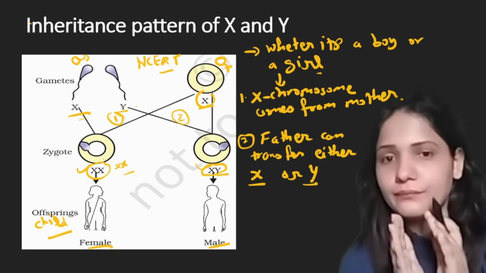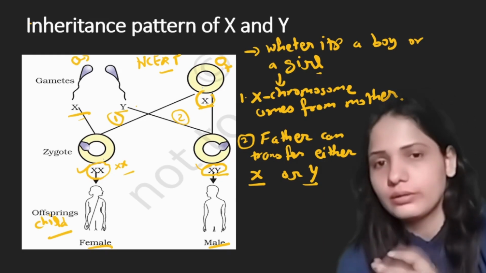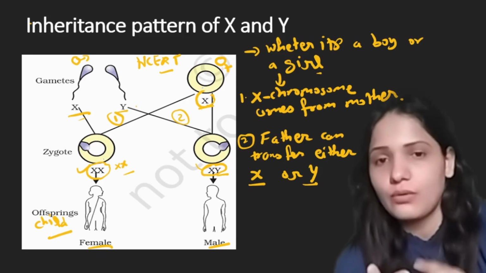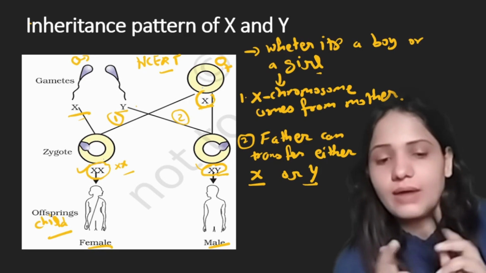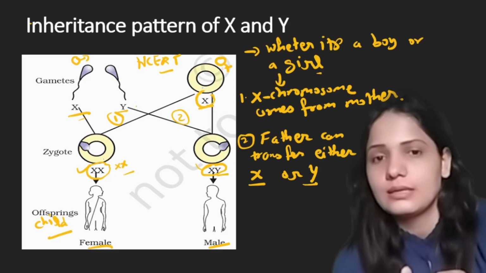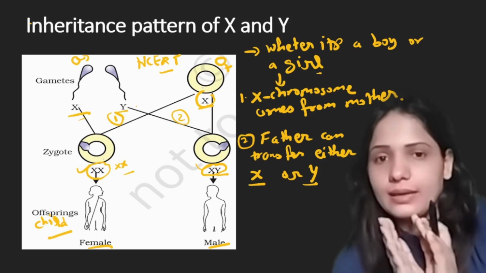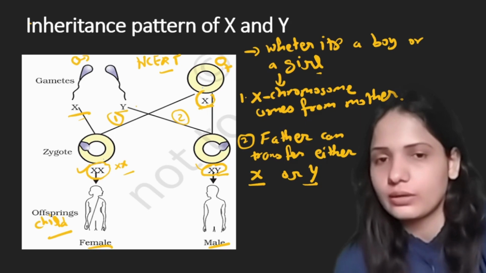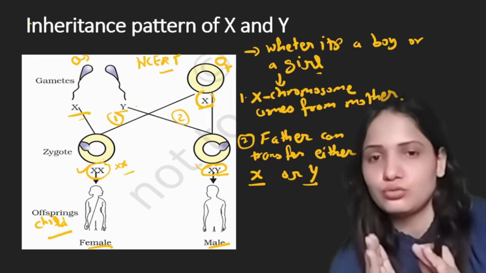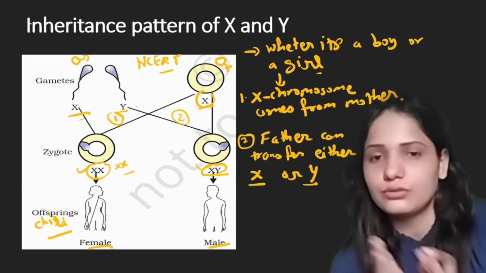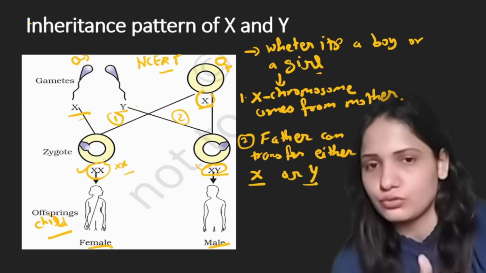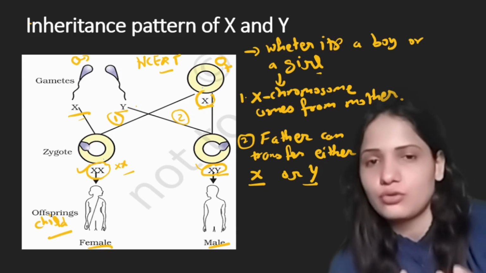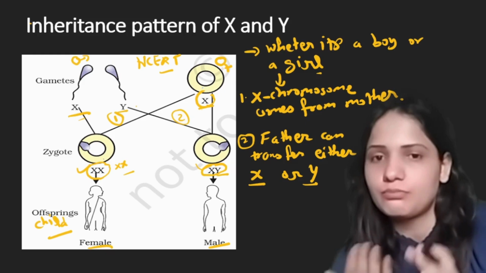So whether the baby will be boy or girl is determined by father. Father is responsible for this difference. It depends on the father whether the newborn will be a boy or a girl, because father has two different types of chromosomes, X chromosome or Y chromosome. So it totally depends on these chromosomes, X or Y, that will give rise to a boy or a girl.